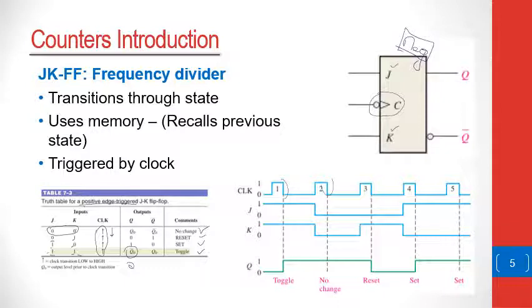So it will toggle. It will simply flip the state. And because of that, we can clearly see a demonstration of memory here, that the JK flip-flop remembers the previous state and is able to change into the next state, depending on the inputs.